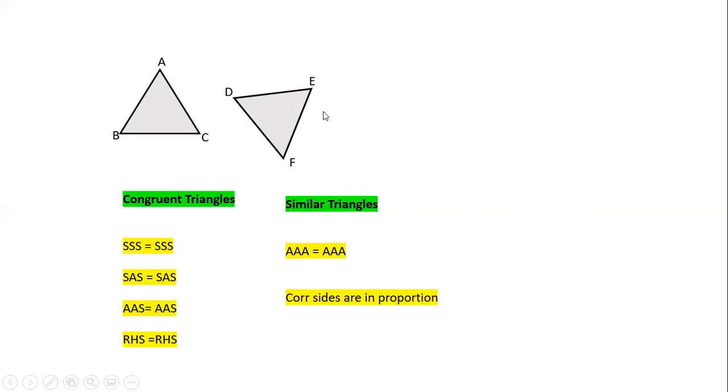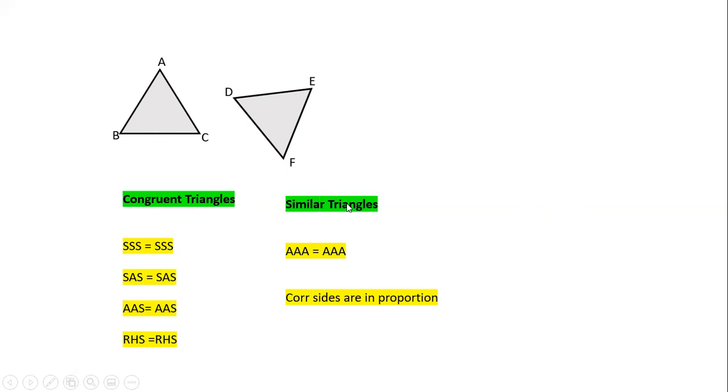If they are equal, then that's another condition for congruent triangles. Then we have angle, angle, side equals angle, angle, side. Right angle, hypotenuse, side equals right angle, hypotenuse, side. If any of these conditions apply, we can say that the two triangles are congruent.